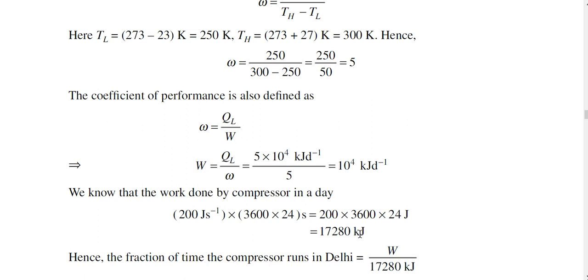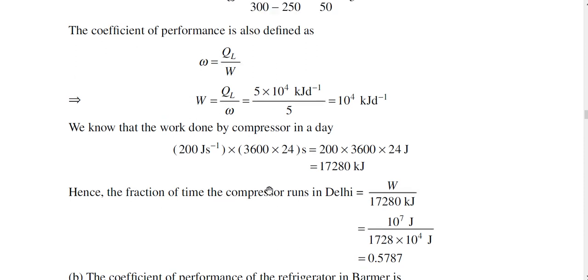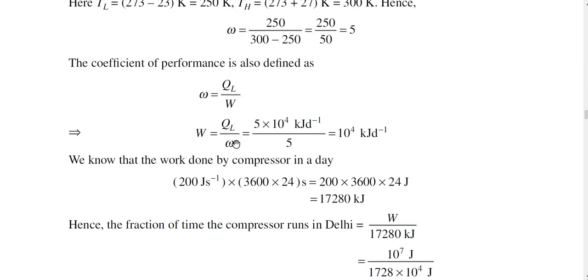Now we know that the compressor does not run all the time. So what is the fraction of the time that the compressor runs? So how can we calculate? We can calculate from this particular formula. You see that from this formula we have already calculated work done, that is heat energy which has been rejected in the surrounding, divided by omega.